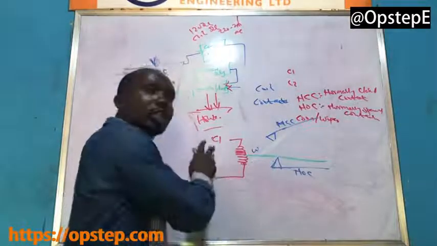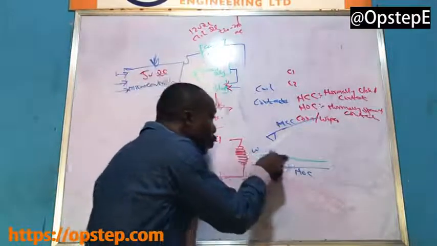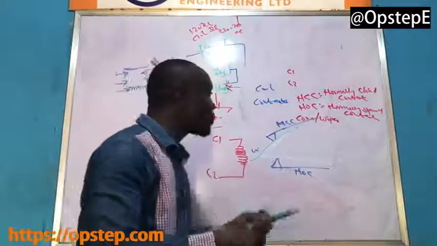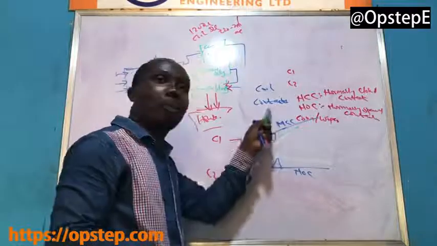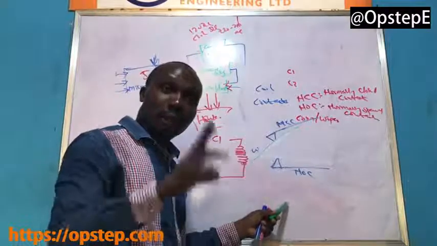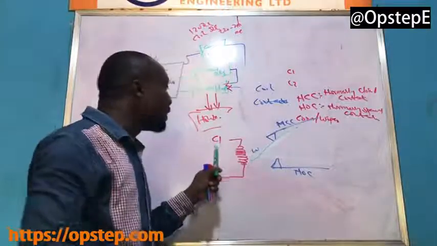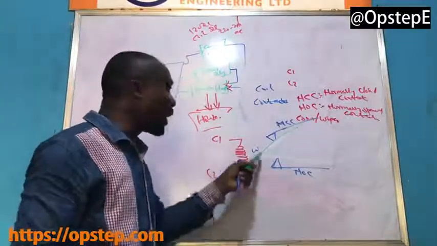The moment there's no coil voltage again, it switches from here and then switches back. Do you get it? So you see the wiper keeps going up and down, up and down. I'll discuss how we took advantage of it. But to understand that, it is the voltage at the coil that determines when the wiper is what?